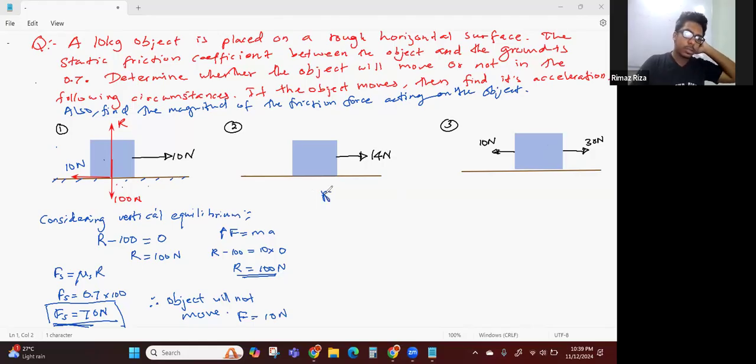So here also we can say the object will not move. The friction force equals 14 Newton.